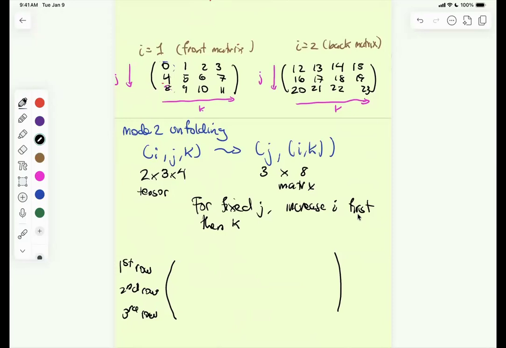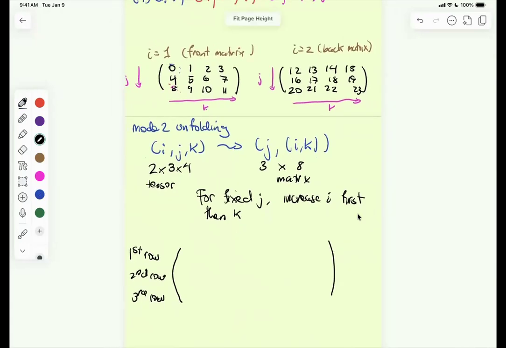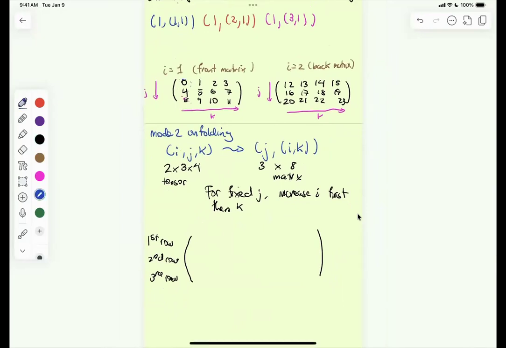For example, just so that you see the difference, start with 1, 1, 1. What does this mean? We go to the first row, the first page or the first matrix, and the first column, which is the same as before, but you'll see the difference in the next one.